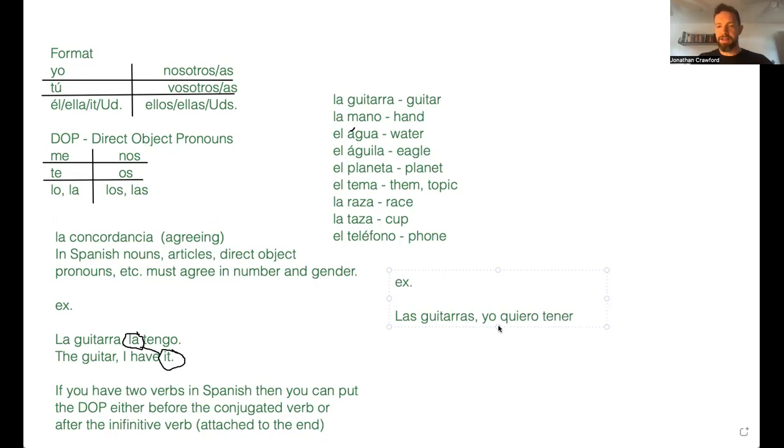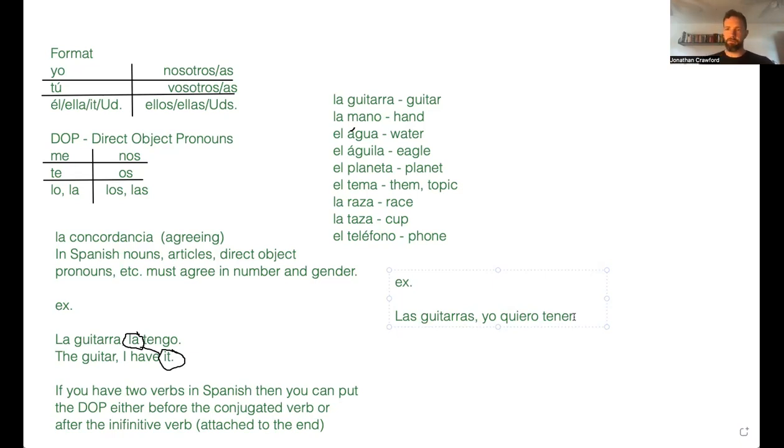Notice that if I have two verbs, quiero tener, only the first verb gets conjugated. The second verb stays in the infinitive form, meaning it still ends in an ER. Or if it's an AR verb, it'll end in an AR. If it's an IR verb, then it'll end in an IR, right? That's the infinitive form of the verb.